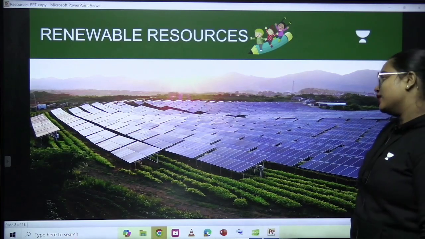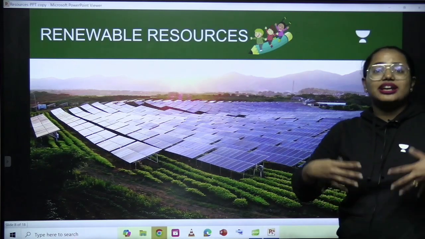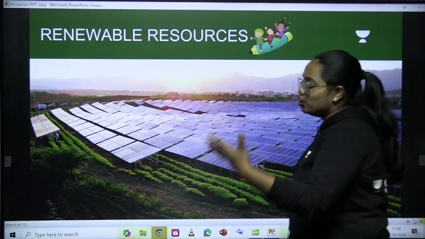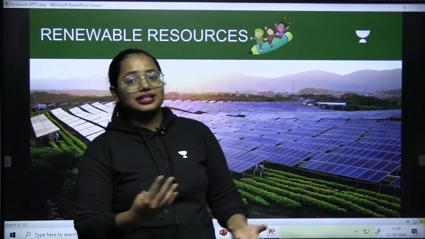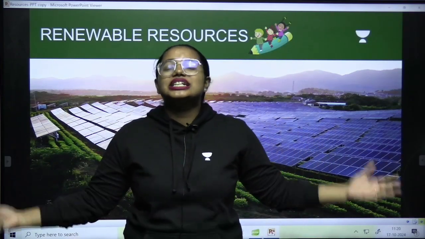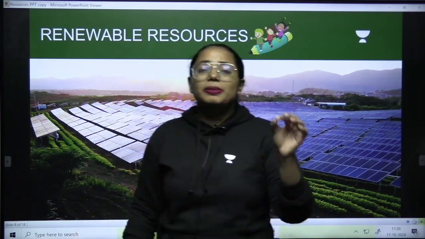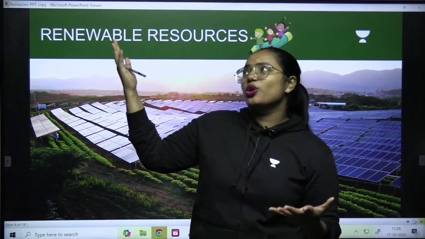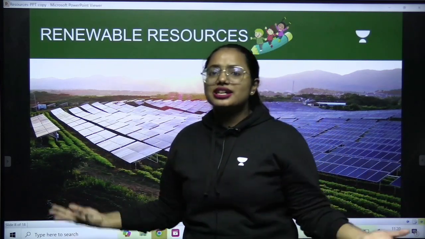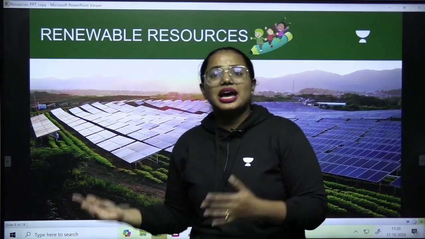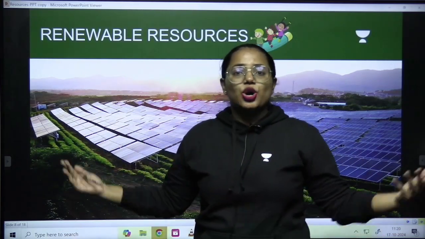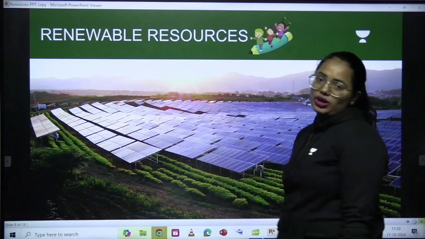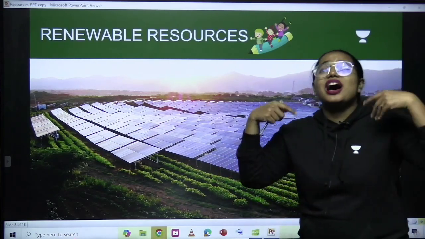So this can be utilized to generate electricity and run various appliances. This is also considered a renewable energy source because it is available in an unlimited quantity. The sun is a source, so you can get as much sunlight as you want from it, and this can be utilized to make these solar cells work. So this is nothing but solar energy.